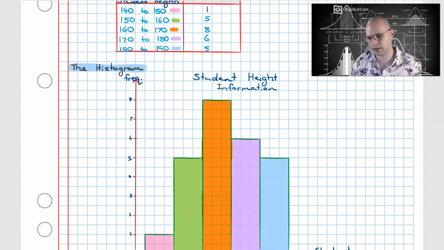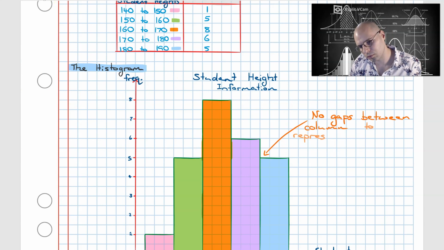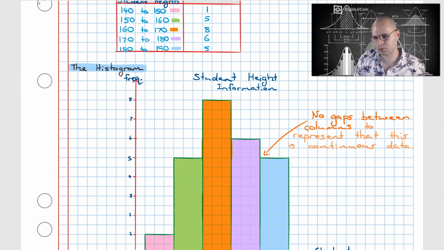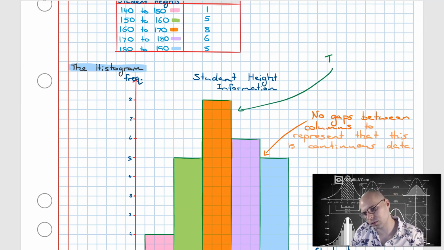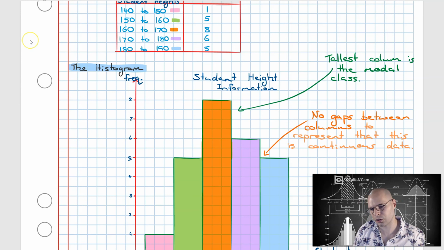And then some quick annotations. So, no gaps. There are no gaps between the columns to represent that this is continuous data. And finally, the tallest column is what's known as the modal class.